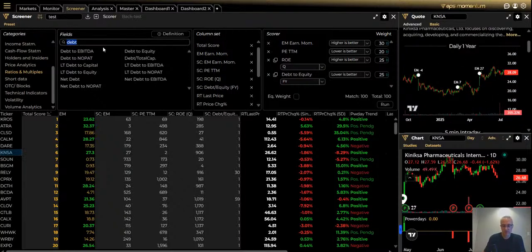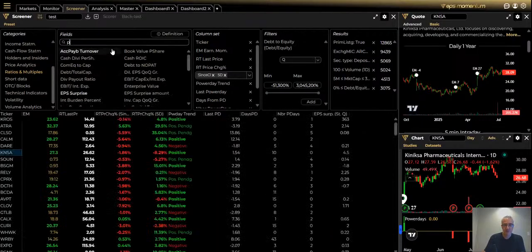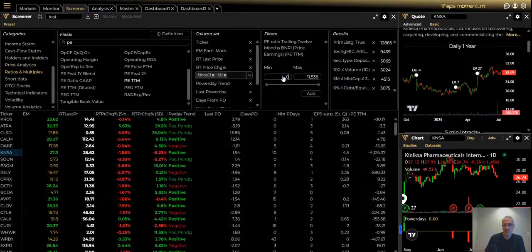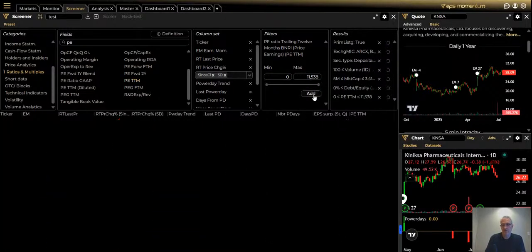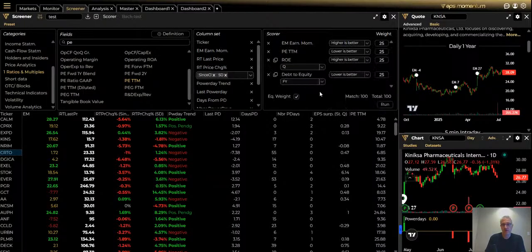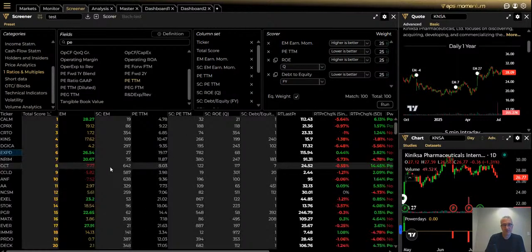So what we can do is we can go back to the screener and take the P ratio, the P ratio trailing 12 months, and we want to filter on stocks that only have a positive P ratio. That'd be a good start, right? And then we go back to the score and run the score, and from there, now let's see if we get better names. We've weeded out guys that don't have great PE, that have negative PE actually.